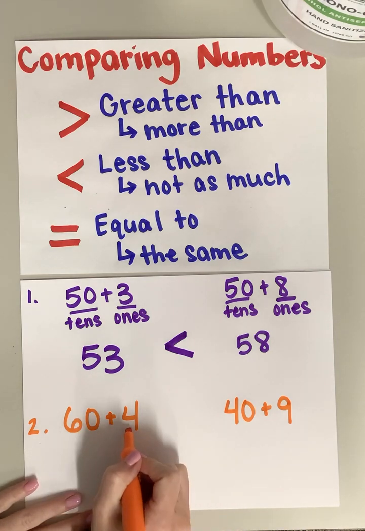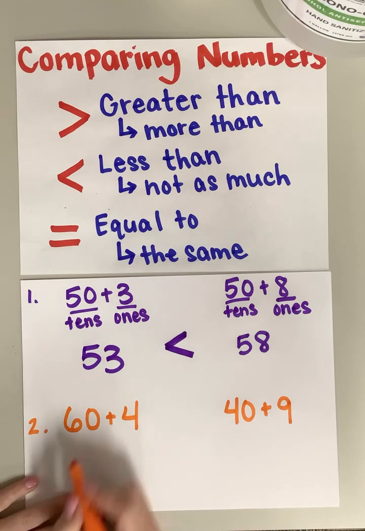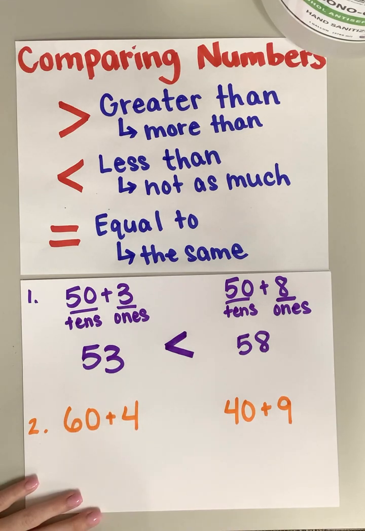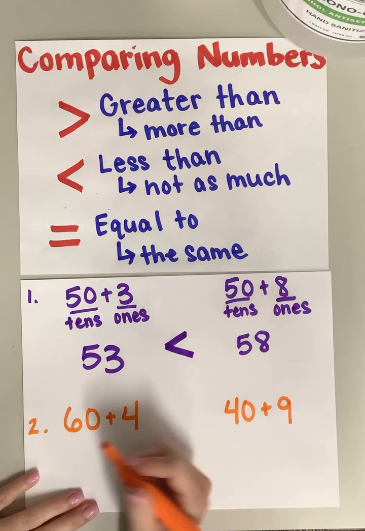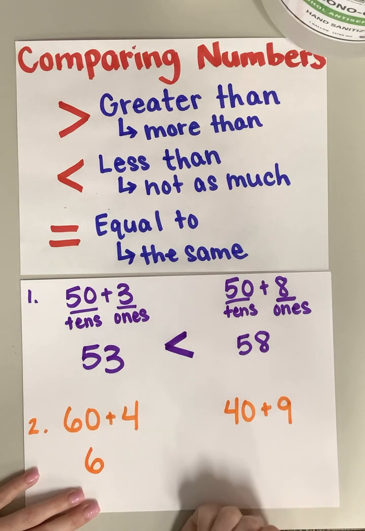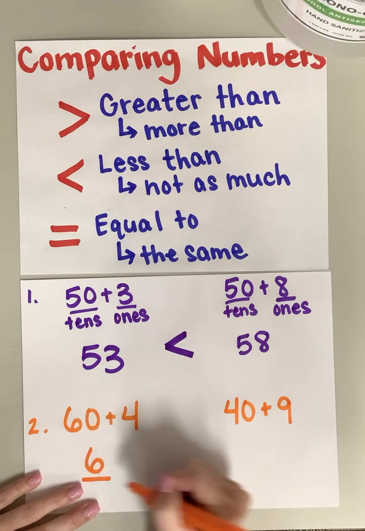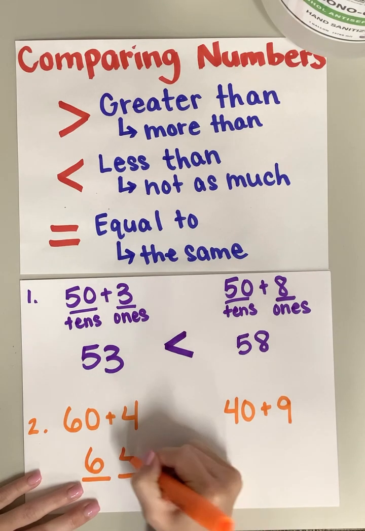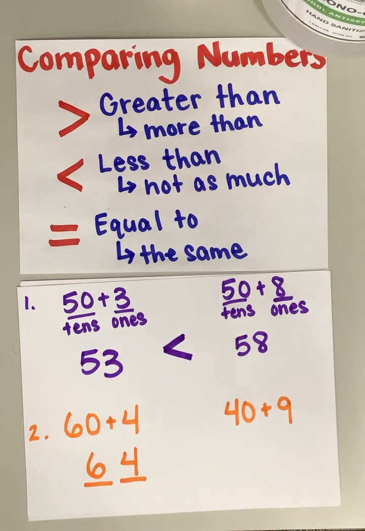I need to either add 60 and 4 together, or I can bring down my tens and my ones place. I'm gonna do that. Bring down my 6 to my tens place, and my 4 goes in my ones place. 64.